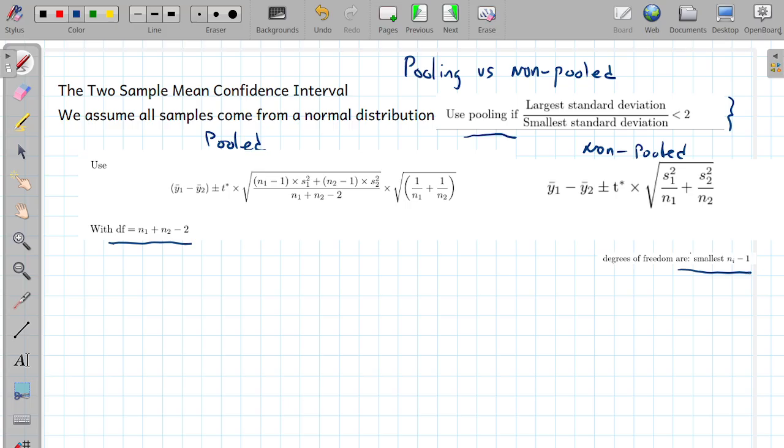But there's a more complicated formula for figuring out the degrees of freedom, using this version for the pooled or non-pooled standard deviation. And that is V1 plus V2 squared divided by V1 squared over n1 minus 1, then we have V2 squared over n2 minus 1.